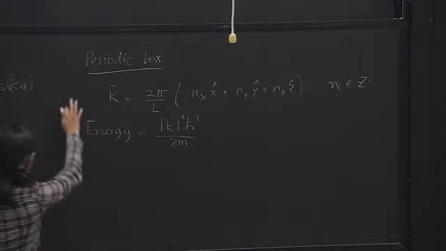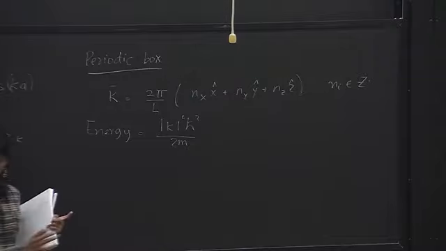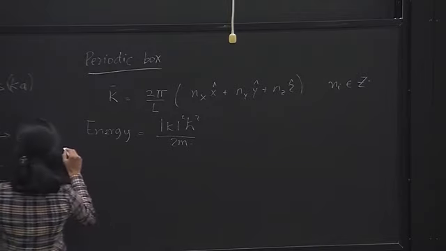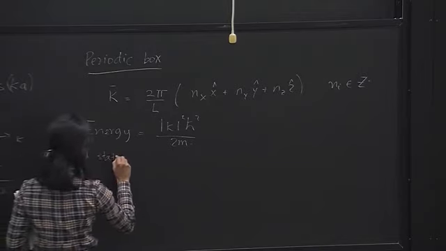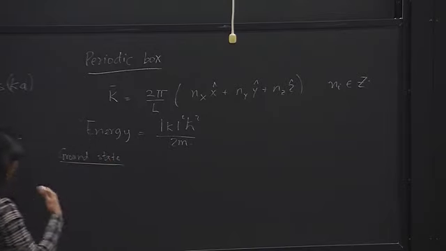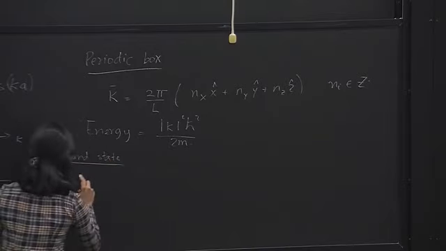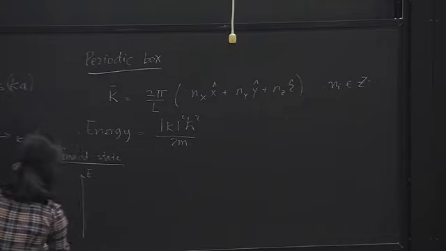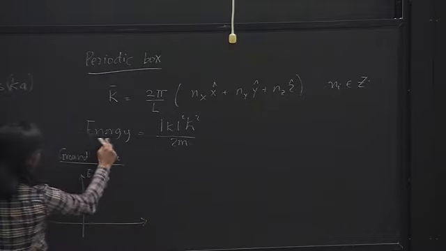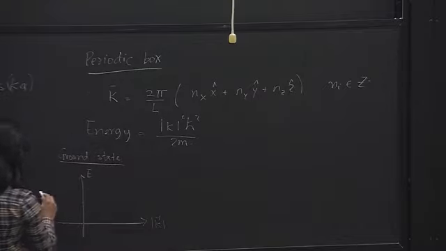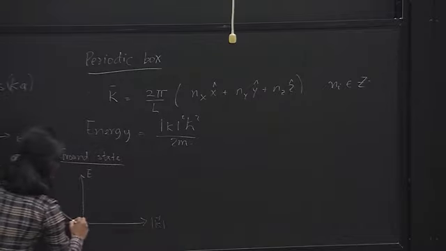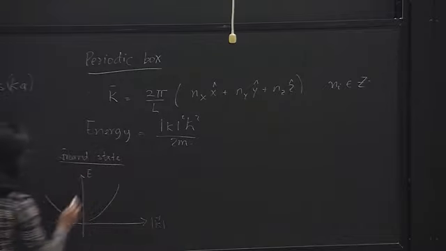And so then you take these single particle states and you fill them up. For the picture of the ground state, there are two pictures we can draw, and they're both worth keeping in mind. The first is a picture of when we plot this energy versus mod k. It looks like a parabola.